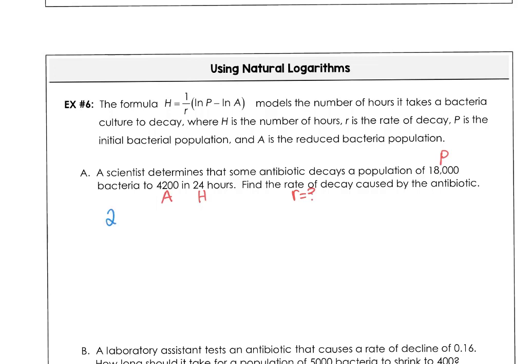So setting that up in the formula, 24 is 1 over the rate times the natural log of 18,000 minus the natural log of 4,200. So we could take that 18,000 divided by 4,200 and find out with our calculator.